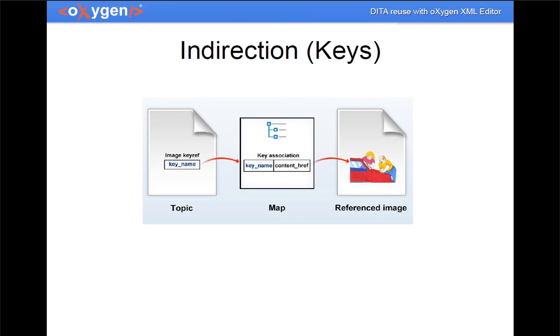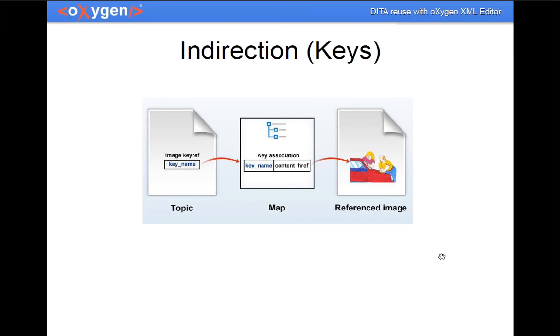And how you do things in a topic when you want to refer to a resource: you don't refer to it directly by its path, but instead you specify a key name, and that key name will be resolved in the context of a map, because in that map there is a key definition, and the key name will be resolved to the actual location of the resource.